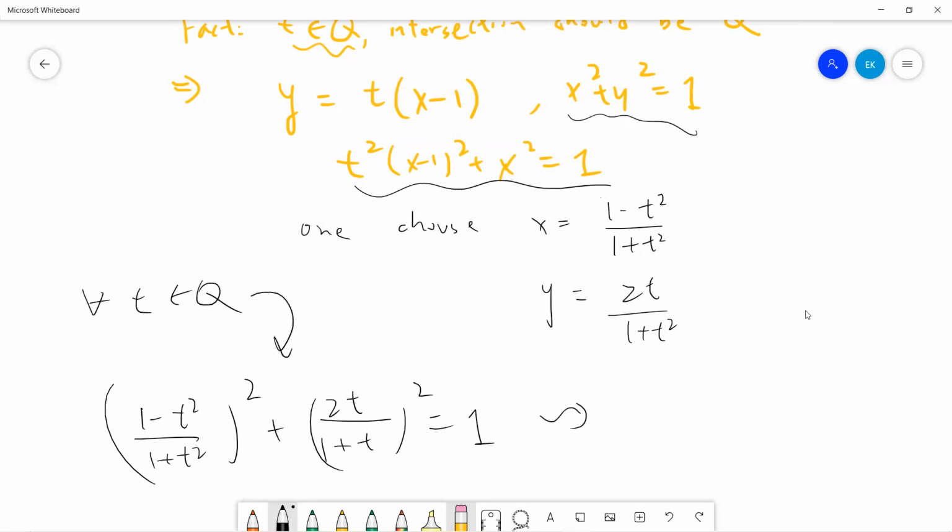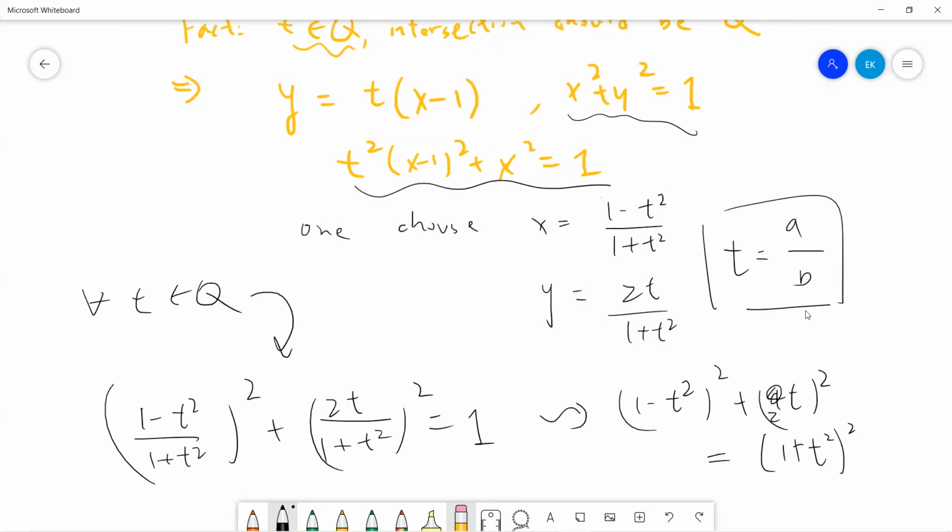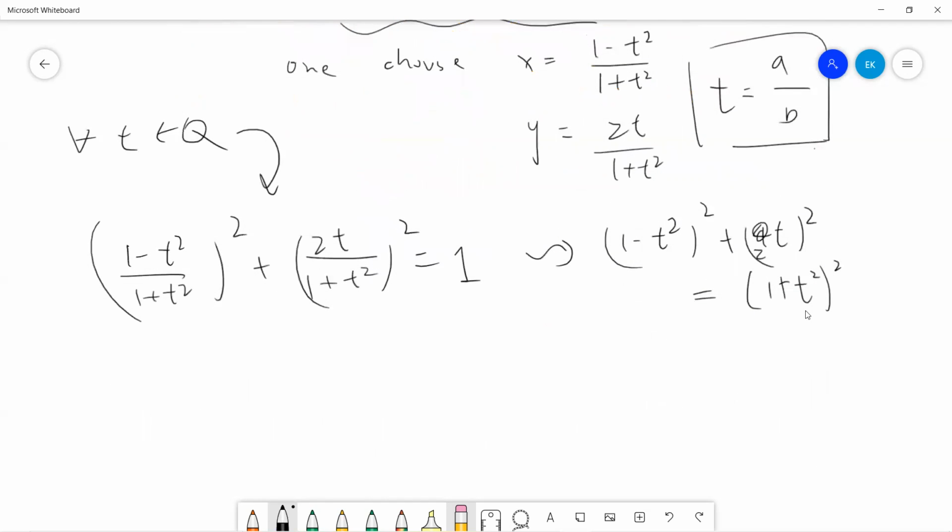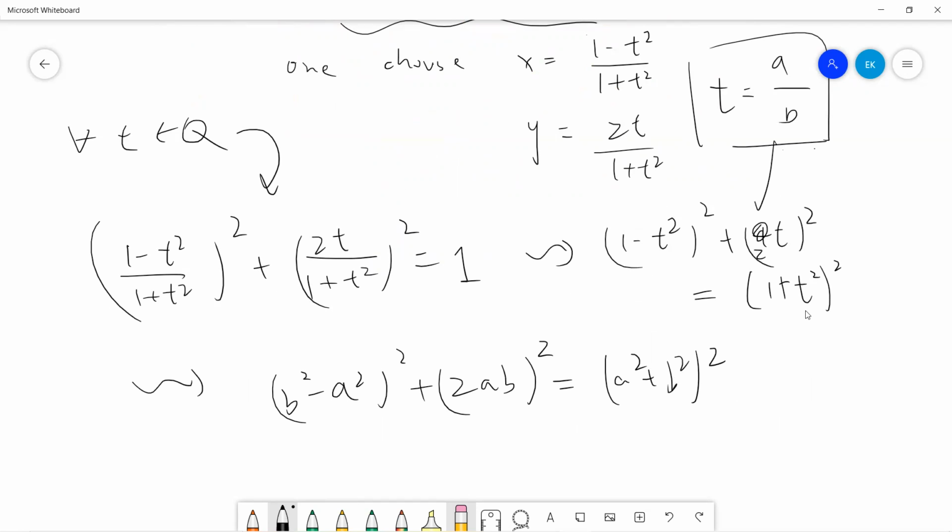Then you just multiply through: let t be a divided by b, and you get (b squared minus a squared) squared plus (2ab) squared equals (a squared plus b squared) squared. So from here to here.